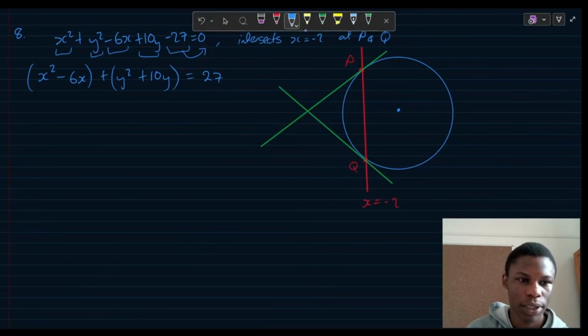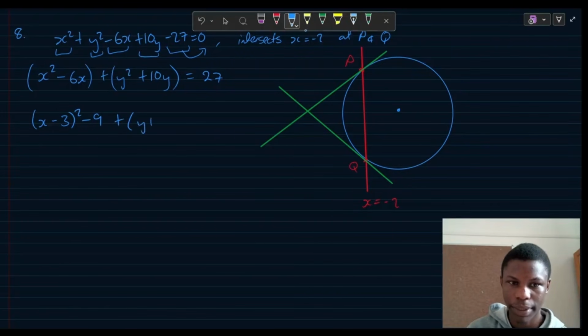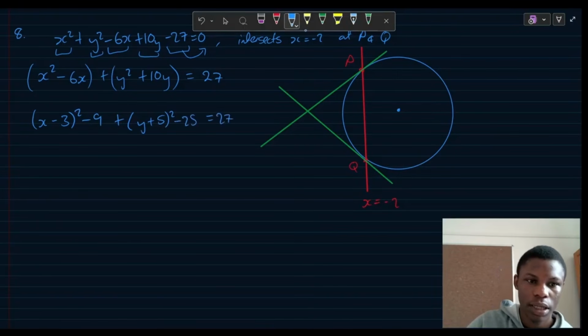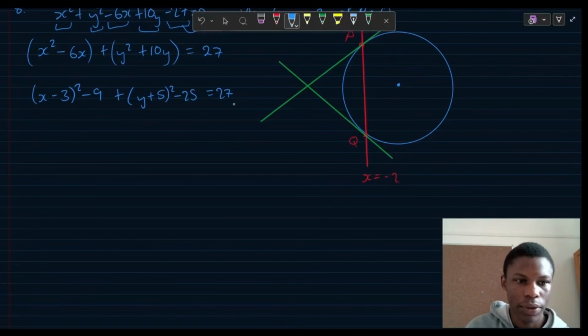And then you're going to complete the square for x by itself and complete the square for y by itself. So if we complete the square there, that's x minus 6/2, which is 3, squared. 3 squared is 9, so minus 9. And then if you do the same, here you've got y plus 10/2, which is 5, squared. 5 squared is 25, so minus 25. This is equal to 27. Move all constants to the right hand side.